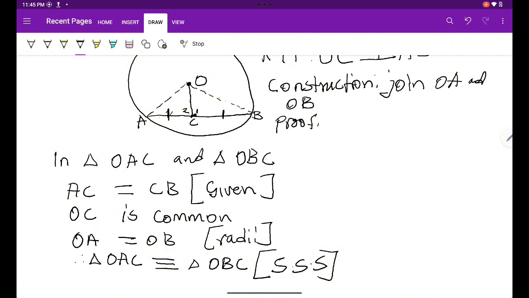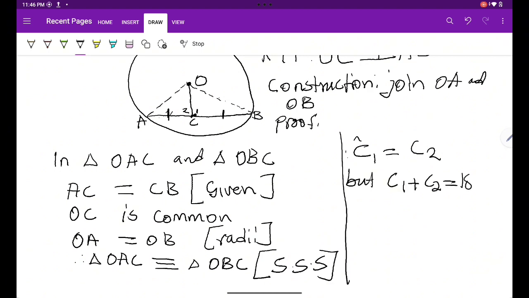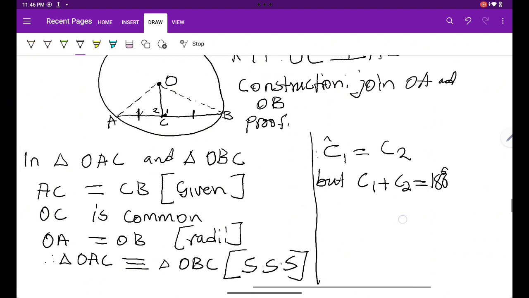Now that we know that the two triangles are congruent, we can say angle C1 equals angle C2 from congruency. But then C1 plus C2 is 180 degrees because this is a straight line.